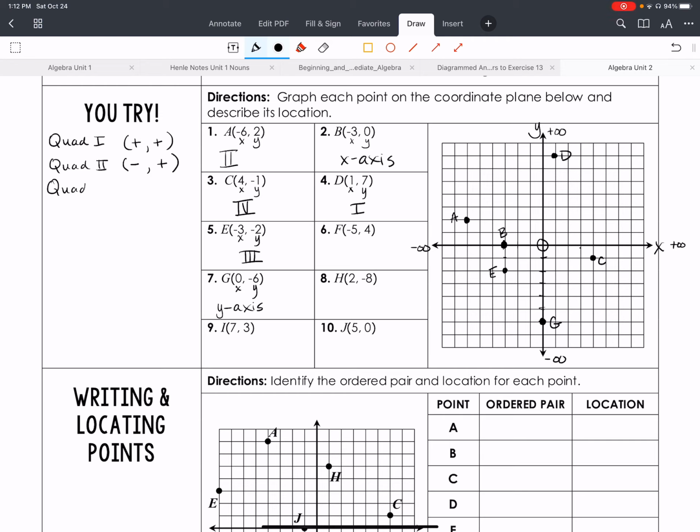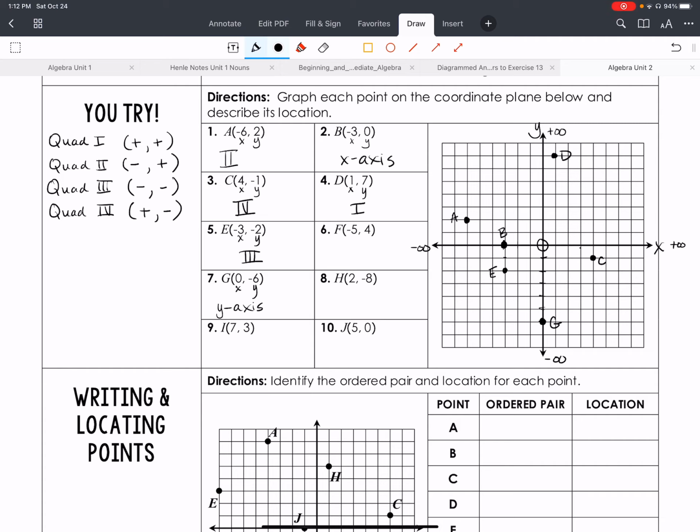Quadrant 3 is going to be, everybody hates these ones, a negative number on the x-axis and a negative number on the y-axis. Quadrant 4 is going to be a positive number on the x-axis and a negative number on the y-axis. So that gives you a bigger picture of what's going on with the ordered pairs and basically where they end up on our coordinate plane.